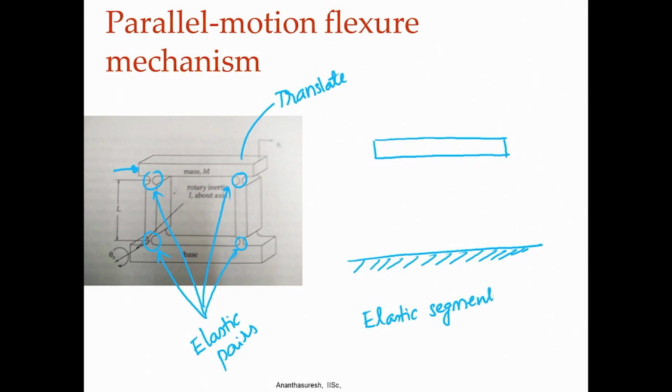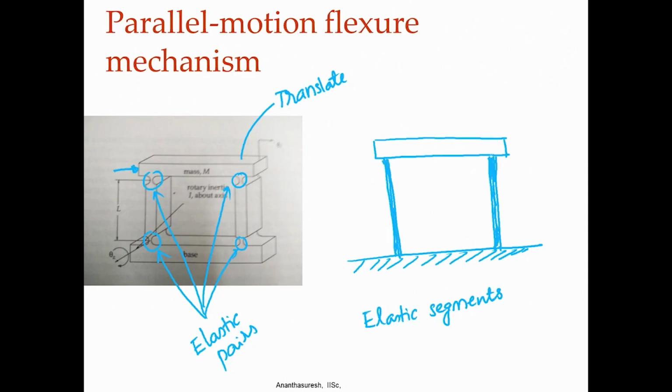They are slender because their length is much longer than their cross section dimensions, which we can just show as thin lines. They both can be identical. They can be strips of metal or plastic or whatever, and it could be single crystalline silicon as well.